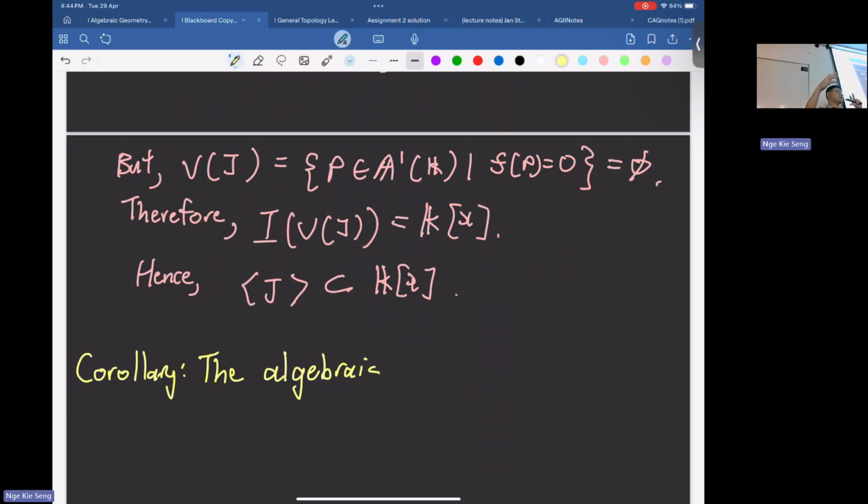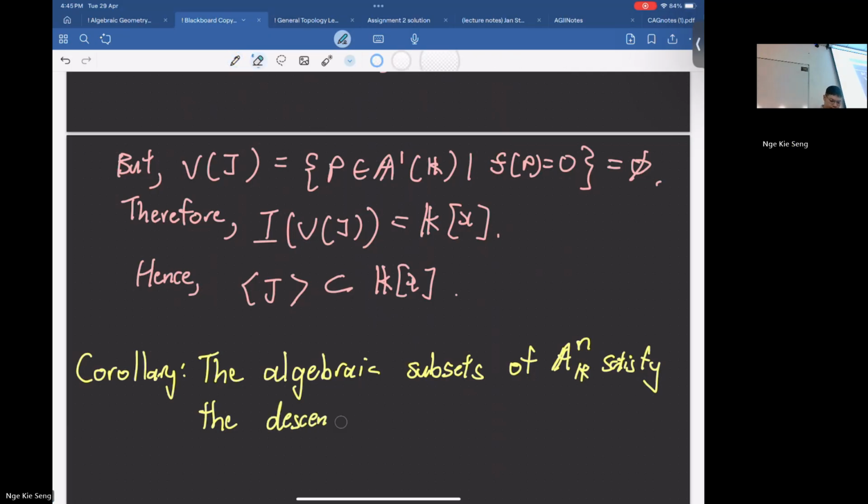Z has an inclusion reversing property, so an ascending chain becomes a descending chain. So you can translate the ACC into a descending chain condition in affine space. So the algebraic subsets will satisfy the descending chain condition.